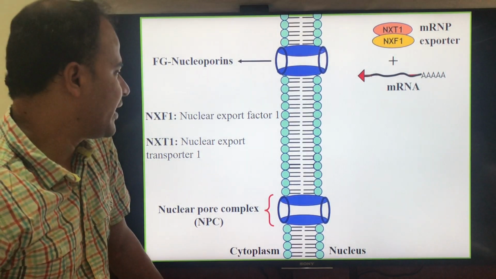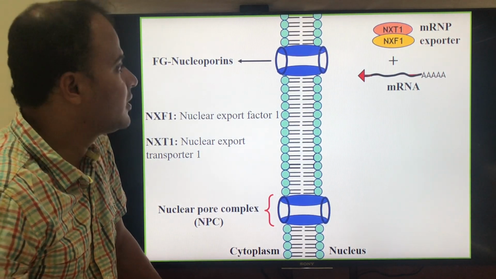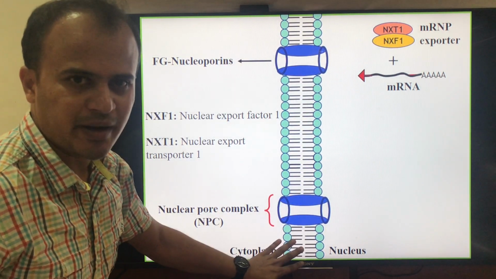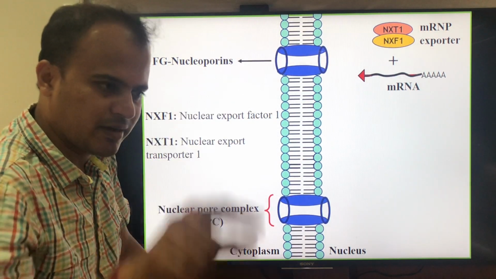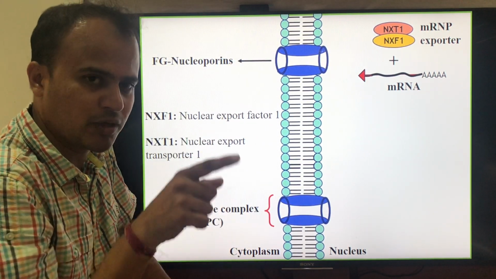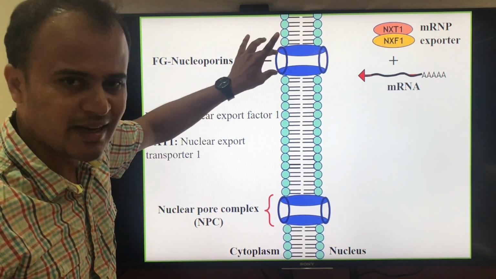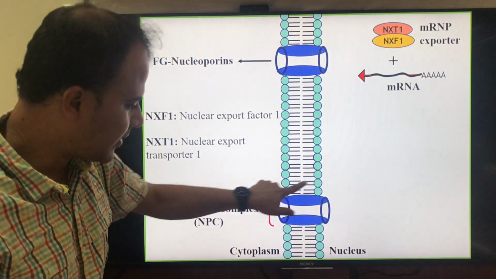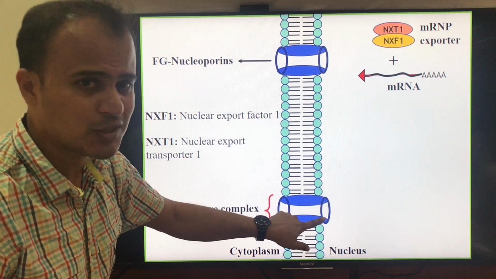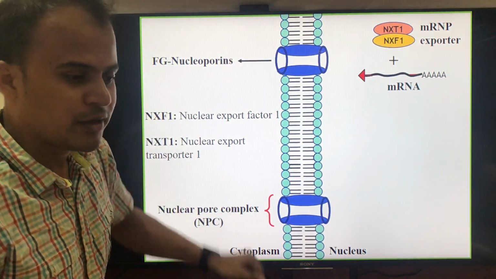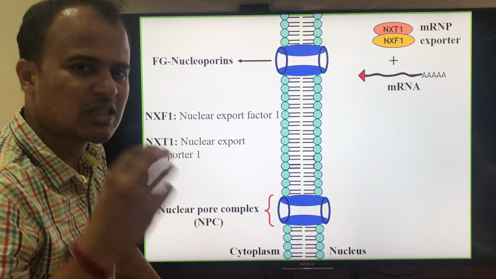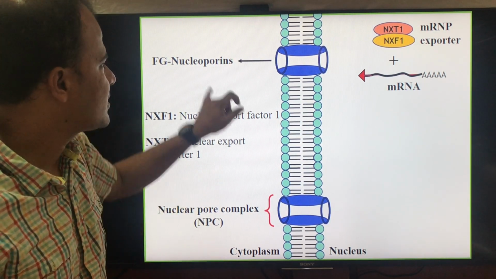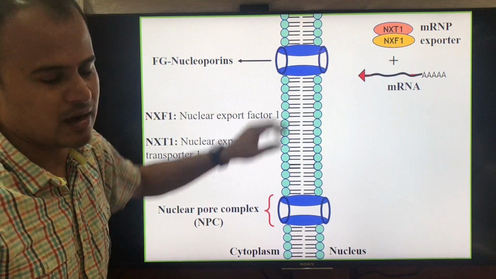I have already explained this in detail in the previous video, but I'll give you an overview. This is the nuclear membrane. The membrane around the nucleus has some channel-like structures called nuclear pore complexes. The whole complex is called the nuclear pore complex, and it is made up of smaller units or proteins called nucleoporins. These nucleoporins are of different types.